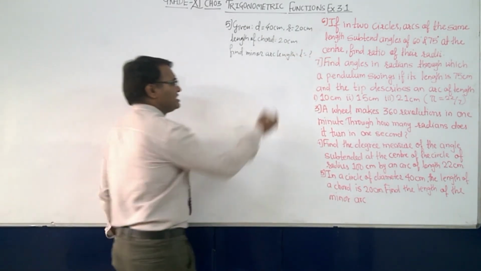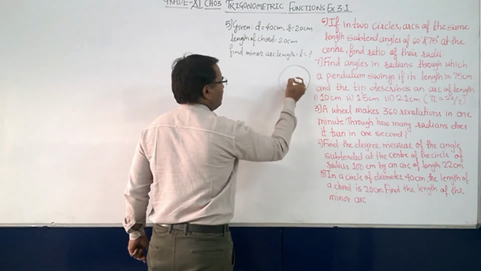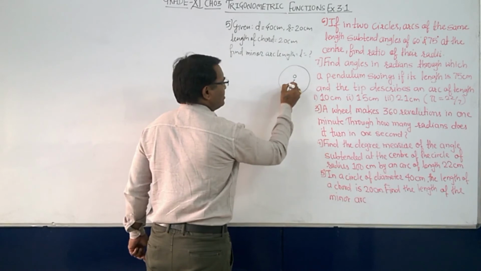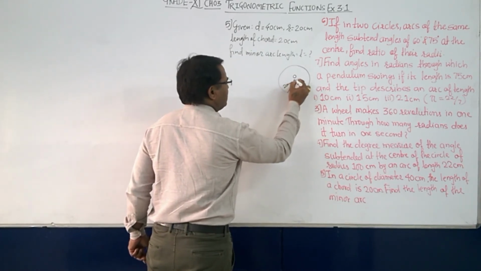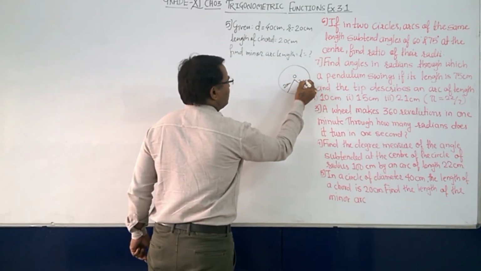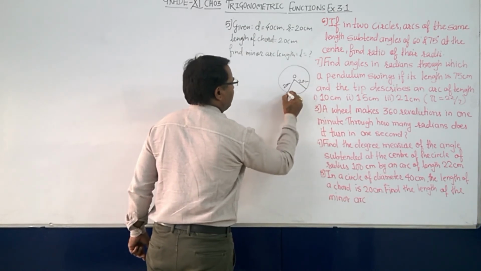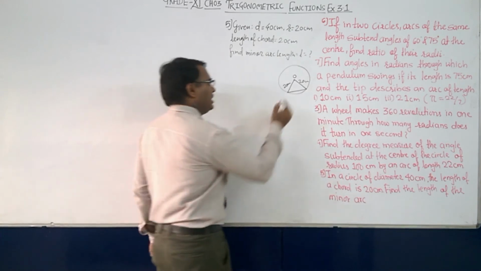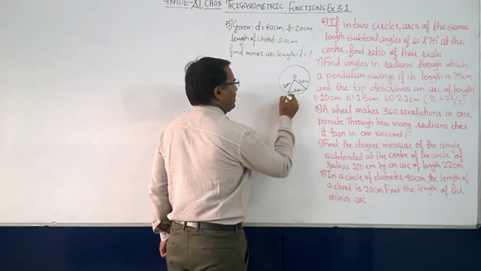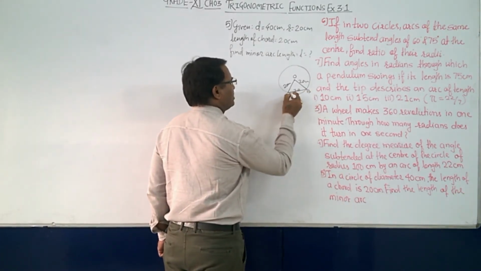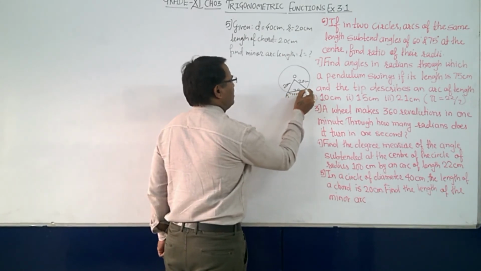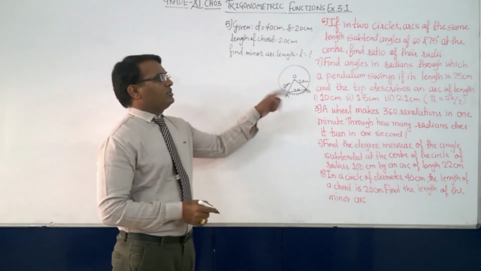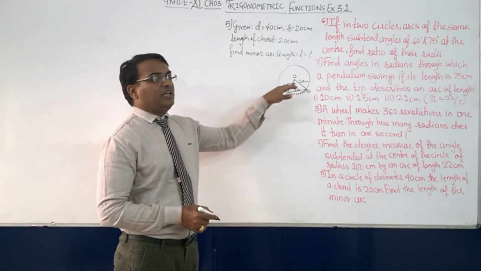Okay. So what is given in a circle? This is the center, say O. This is your first radius. It is 20 centimeter. Second is 20 centimeter, of course. And if you join these 2 points, you will get one what? Chord, which is again given as 20. And then we have to find out this arc length L. So we know that triangle OAB is 20, 20, 20. It means what?